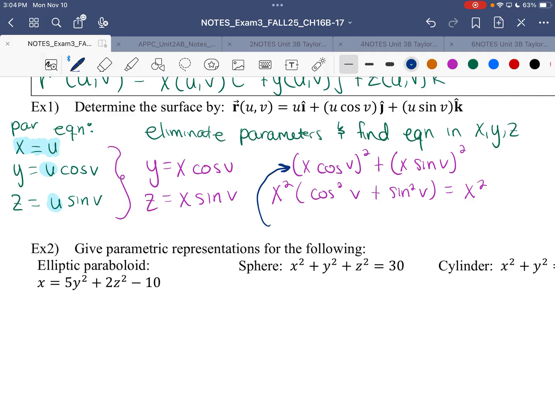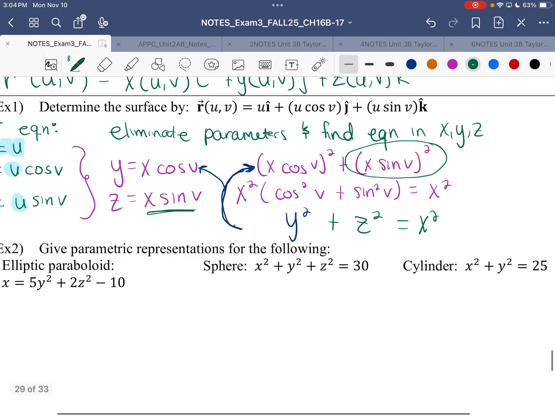What was this equation? Which variable was being squared? I think y was being squared. And then what variable was being squared here? Z was being squared. So if you had squared x or squared y and squared z, it would leave you with x squared.